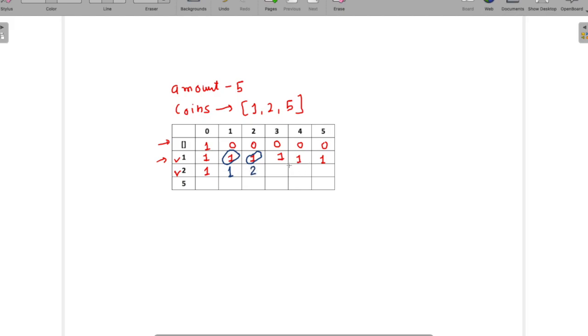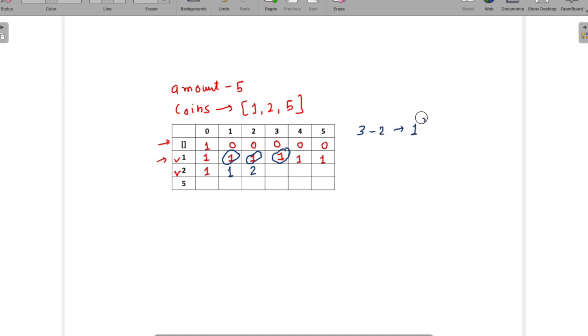Now let's say when we reach 3, again it goes the same. The number of solutions from the upper row we know. Is there any other possibility with the denomination 2? How to calculate whether there are any other possibilities? If we subtract the denomination from 3, so 3 minus 2, we have amount equal to 1.